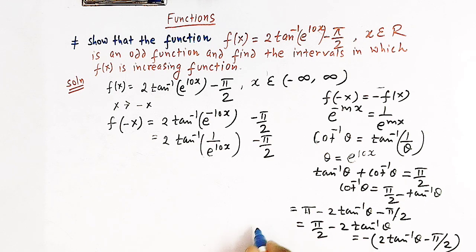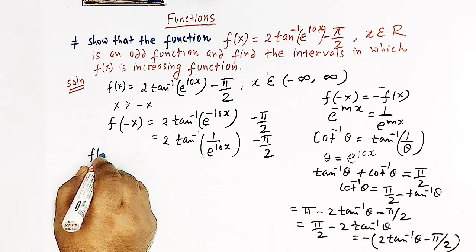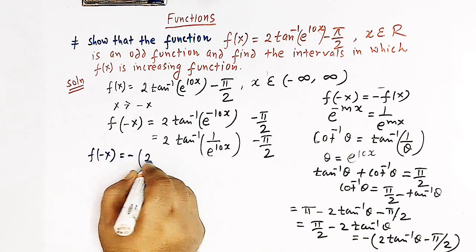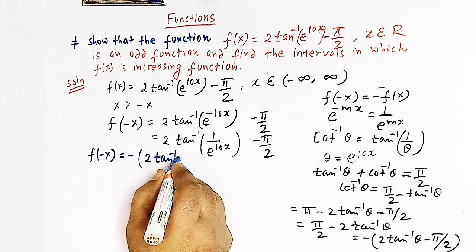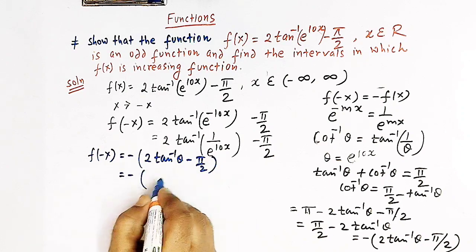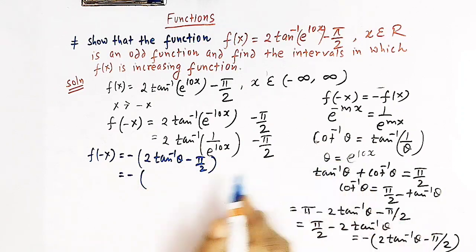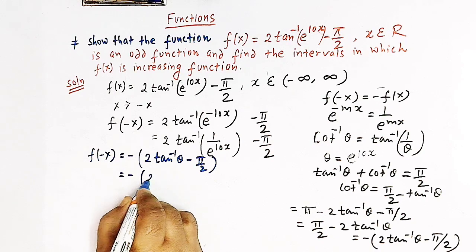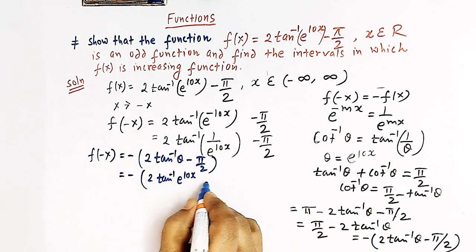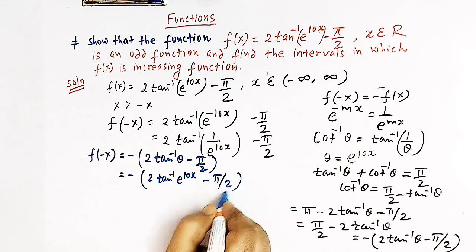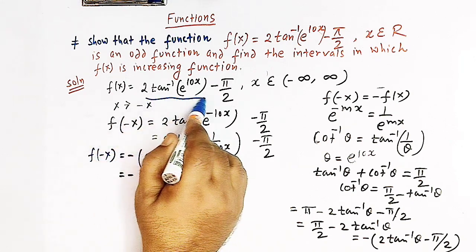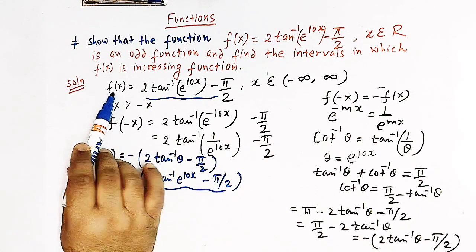So now we have f of minus x is equal to a negative of 2 times tan inverse theta minus pi by 2, and if we now replace theta by e raised to 10x, we have 2 times tan inverse e raised to 10x minus pi by 2, and this expression is equal to our original function, that is f of x.